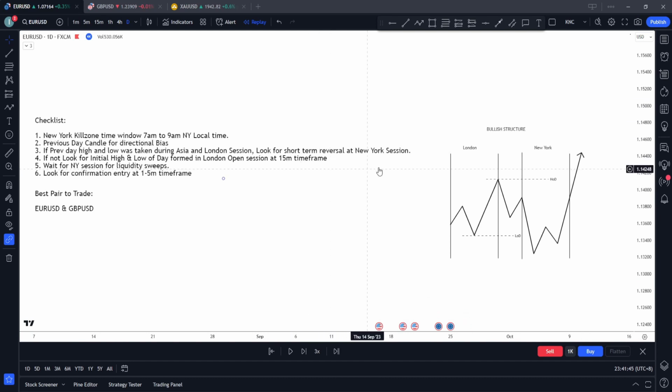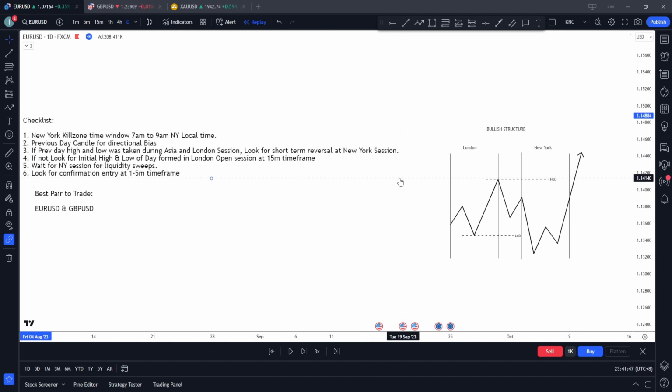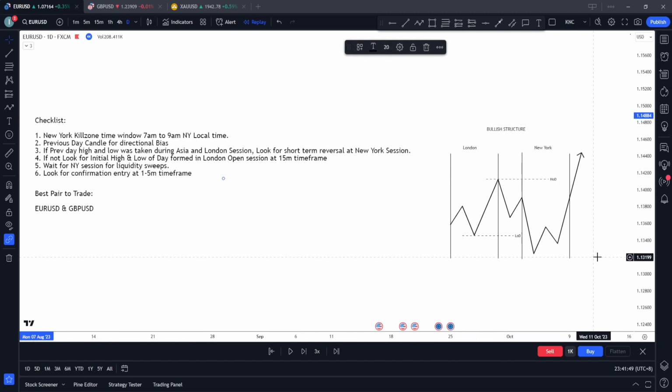Here is an example of a bullish structure. Here we have the London session and the London movement. I've marked the initial high of day and the initial low of day.